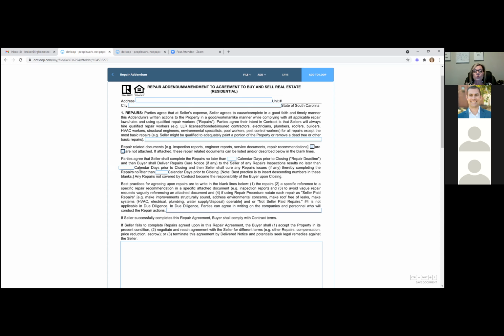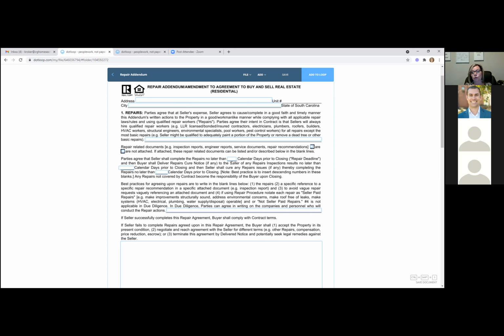So what you want to do is there's three calendar dates here. You want to make sure that you give them enough time to do the repairs, to let you come back in and re-inspect. And if there's anything wrong, that they have enough time before closing to get those re-inspected items done. It really depends on how long your closing period is, 30 days or 45 days.